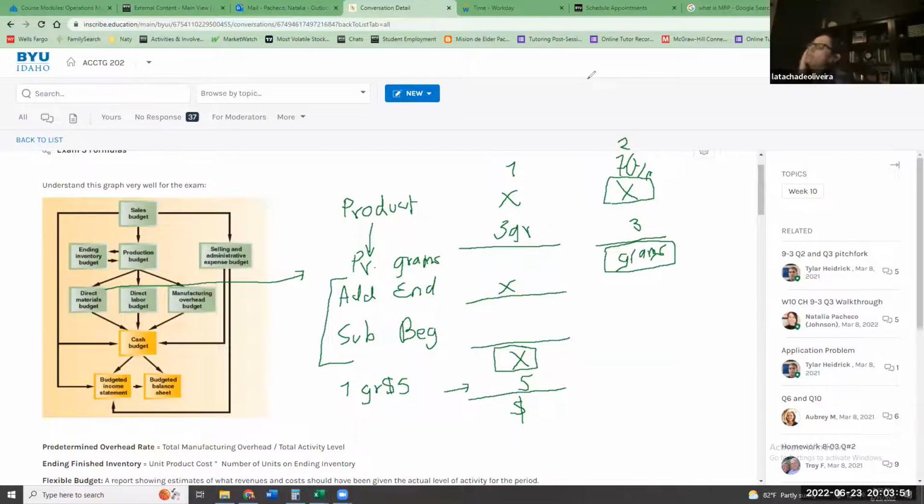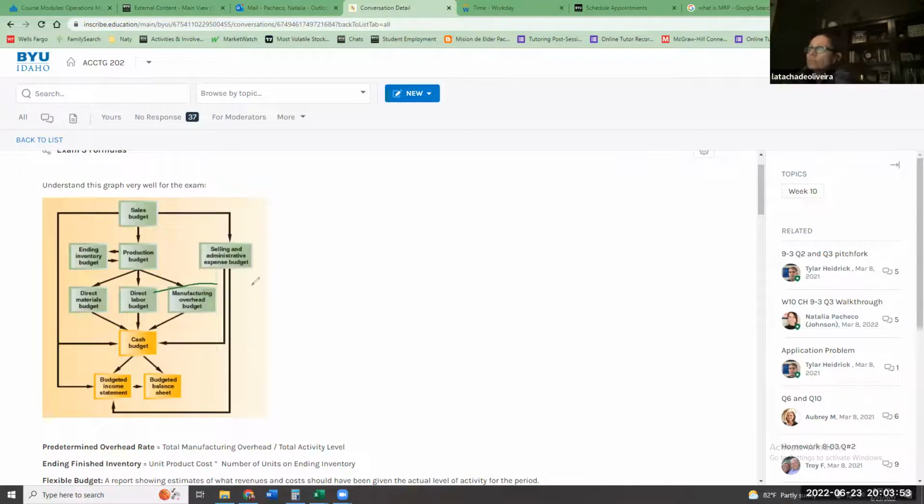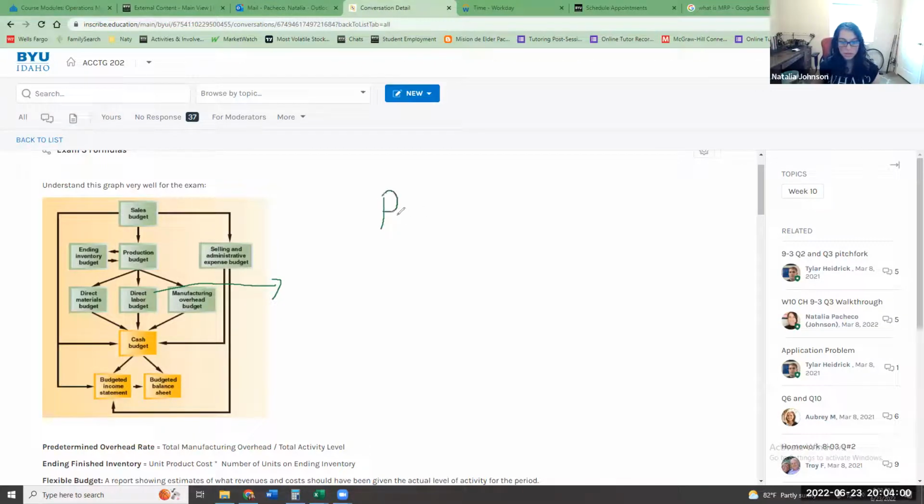Okay. For direct labor budget, there's no inventory because it's just hours. So you just have the production from the production budget again. And then, trying to remember, I think you just multiply the hours that you need for one unit.